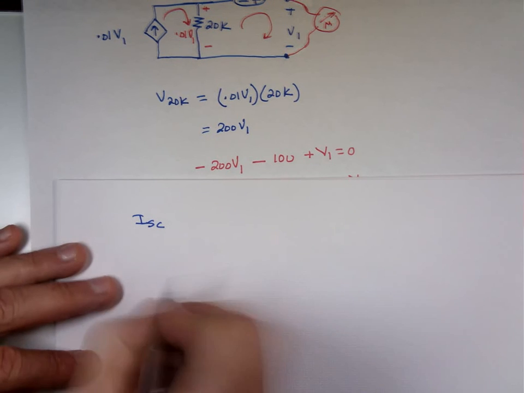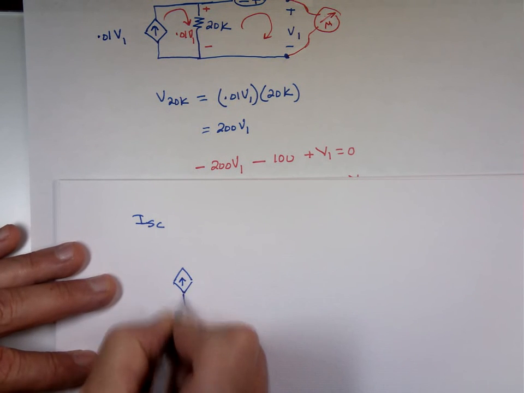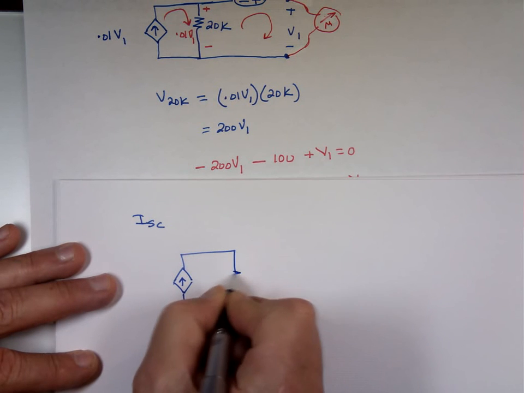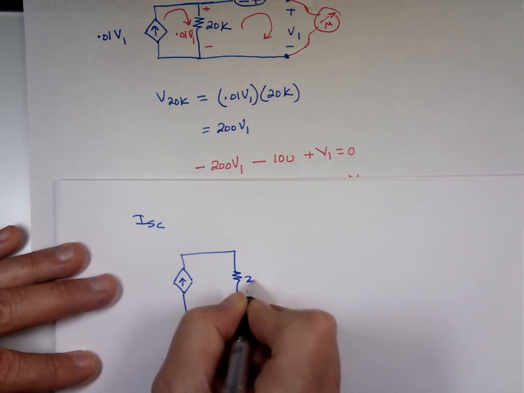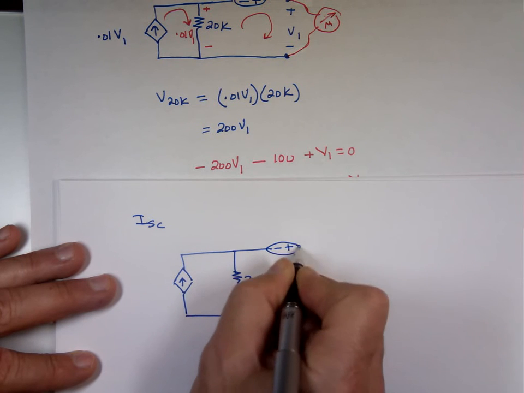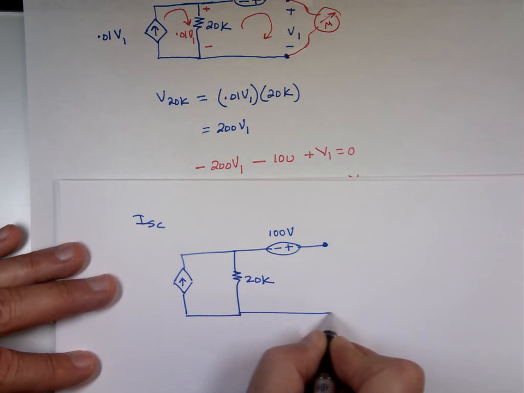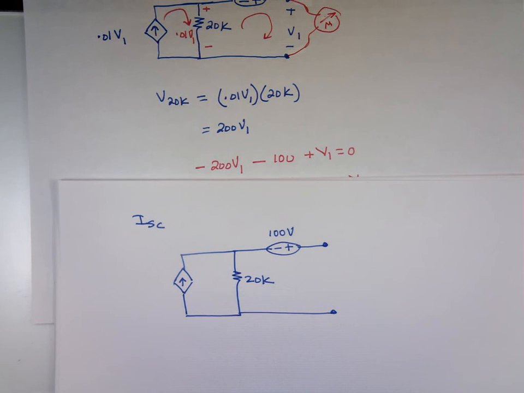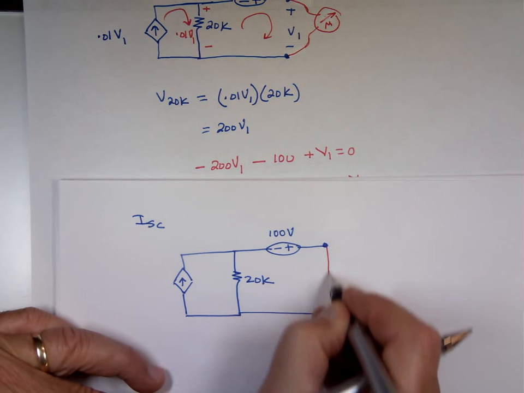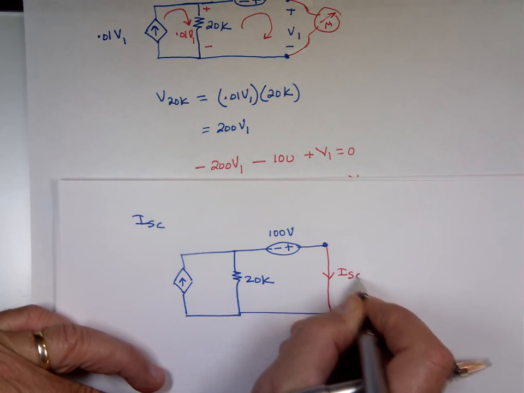So my circuit now will look like this. And now we put a wire there. Take a wire, attach it right there, and let's find the current coming down. That's I short circuit.